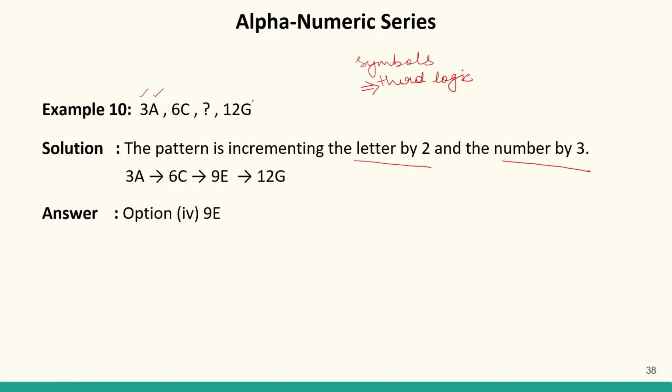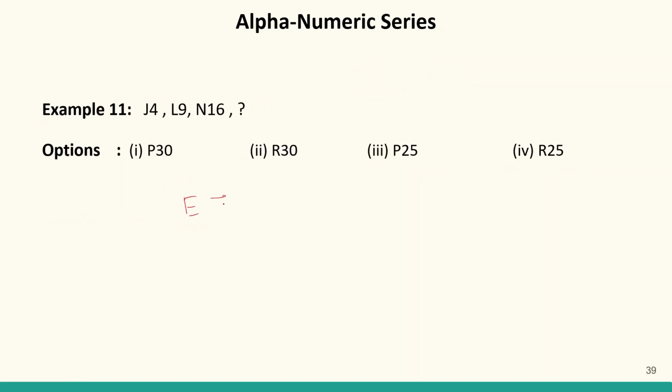like to find the relation, okay, what was the rank of J? 10. L is ranked at 12. N is ranked at 14. So I can see that the ranks are increased by 2. 10 plus 2 rank, 12 plus 2 rank.